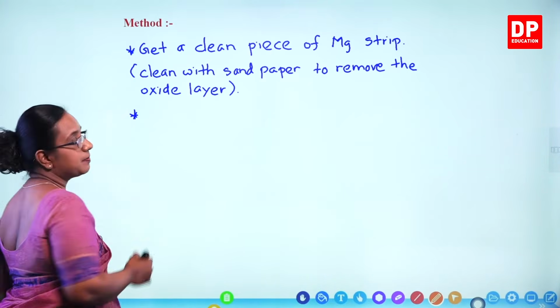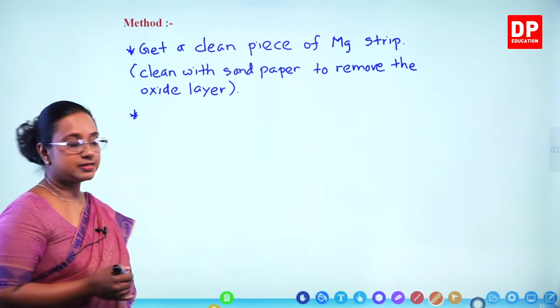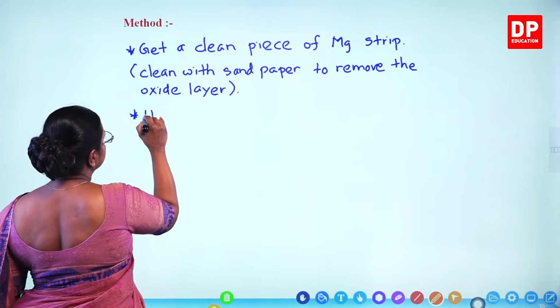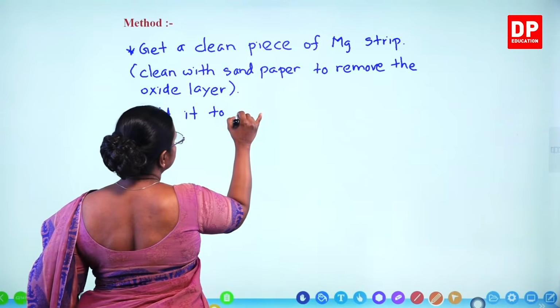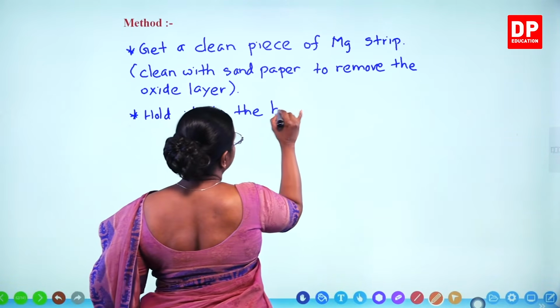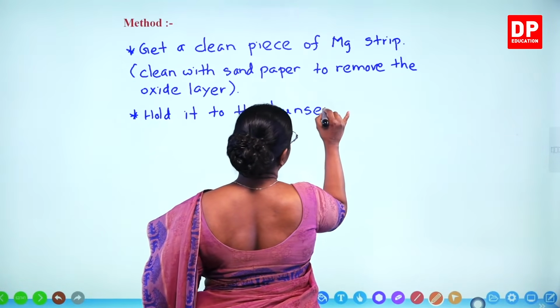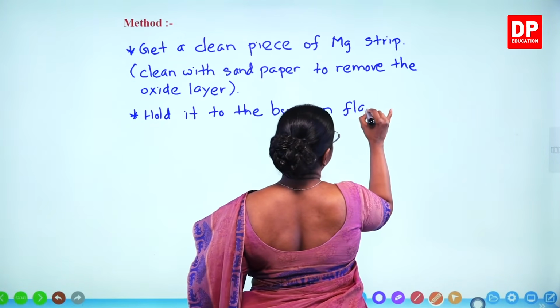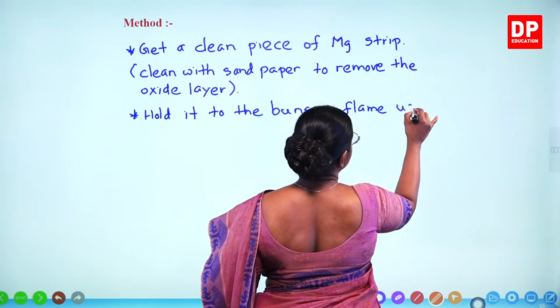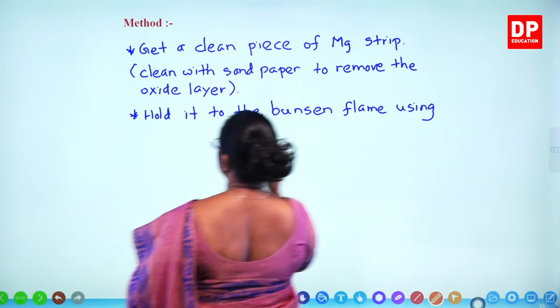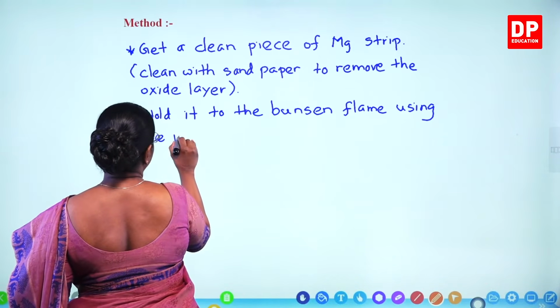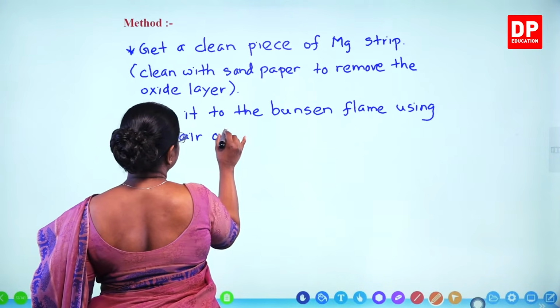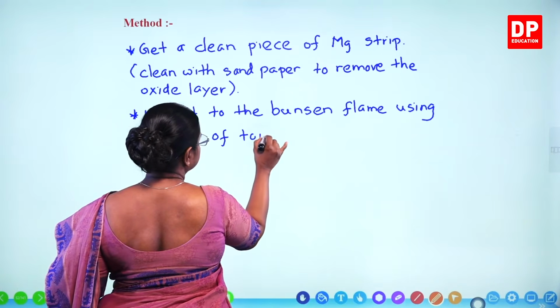Then the next step, hold it to the Bunsen flame using the pair of tongs.